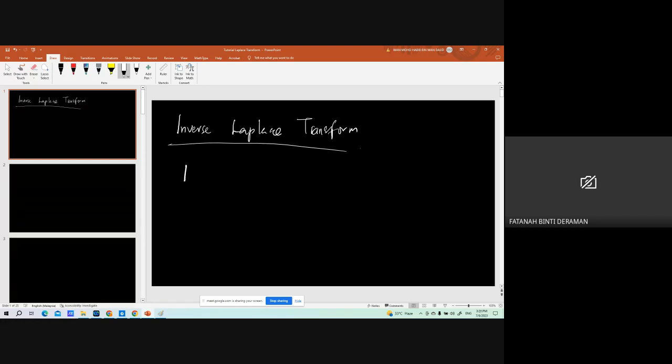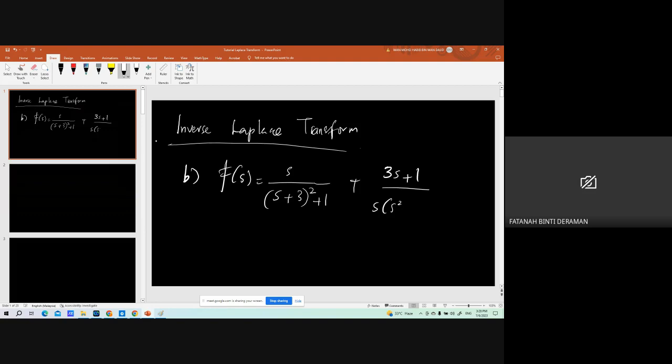From B we have F(s) equals s over (s plus 3) to the power of 2 plus 1, and then plus (3s plus 1) over (s squared plus 1).